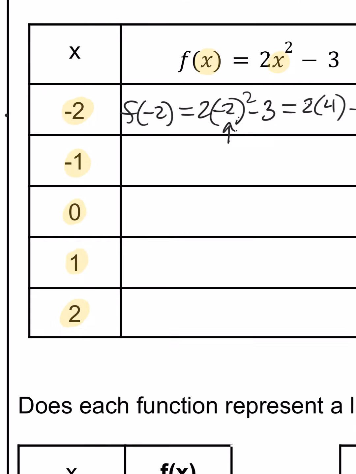Let's try the next one. We have f of -1. Again, we're going to put it inside where x is. We have 2 times (-1) squared minus 3. This is called the input. The input value is -1. We want to find the output. If we put -1 in, what do we get out?